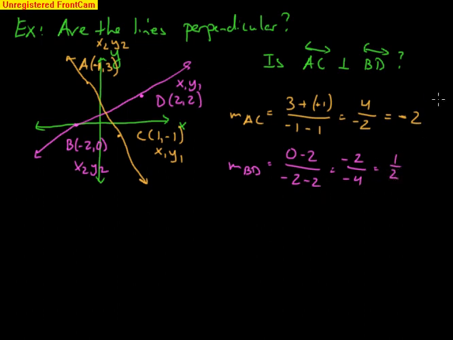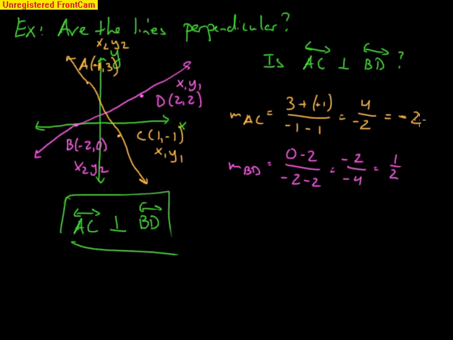So the question is, are these two slopes opposite reciprocals? And the answer is yes. They are opposite reciprocals, so line AC is perpendicular to BD. And again, it's because these two slopes are opposite reciprocals. Okay, so there we go.